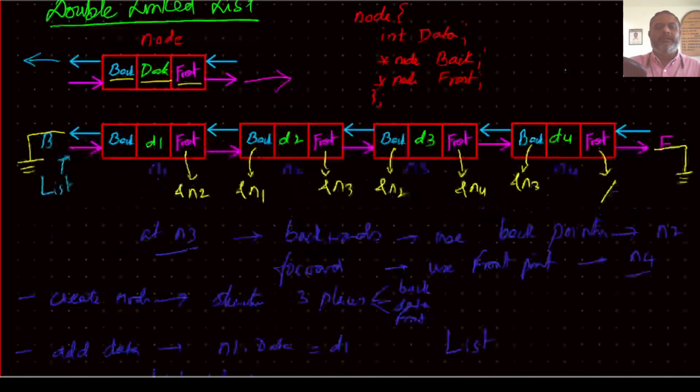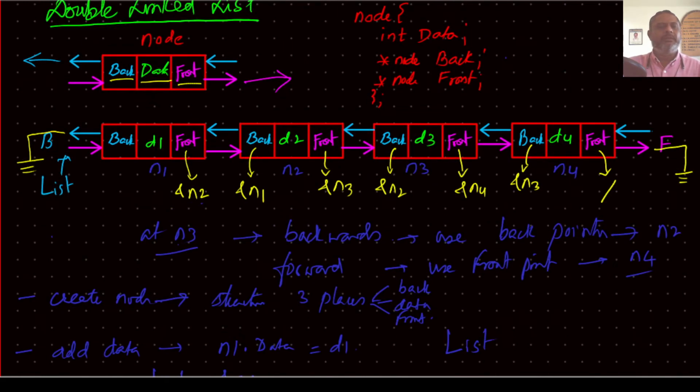So what we can do is, this D3 has to be deleted. That means node N3 should be removed from this linked list.